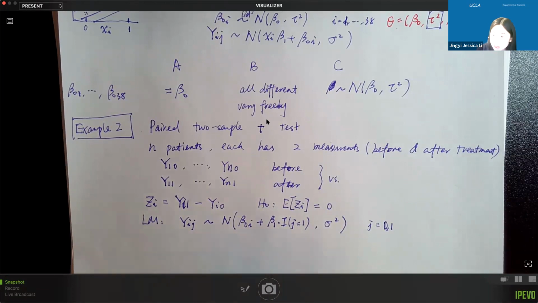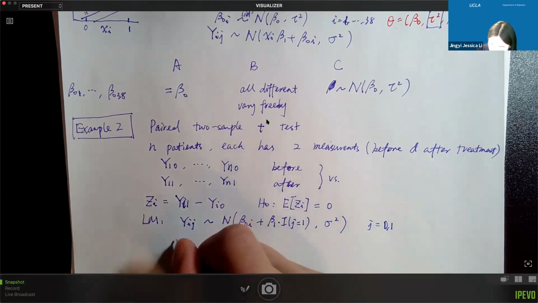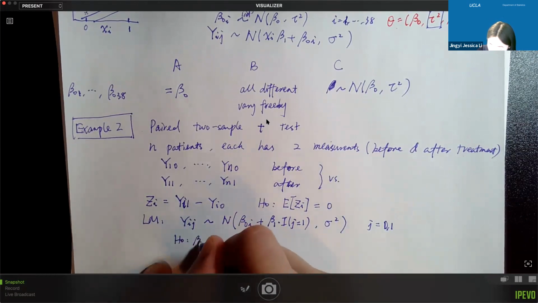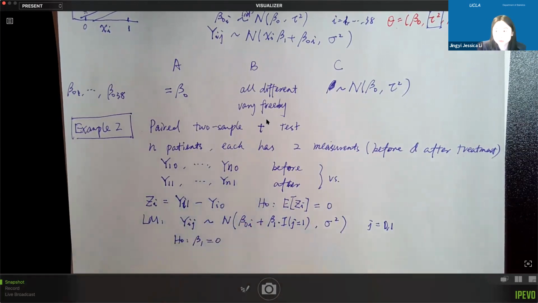So you see, this is another example where we are essentially considering the intercept to be different for different groups. And so basically here the question becomes to test whether beta 1 is 0 or not. That's our parameter of interest because that reflects the effect of treatment.